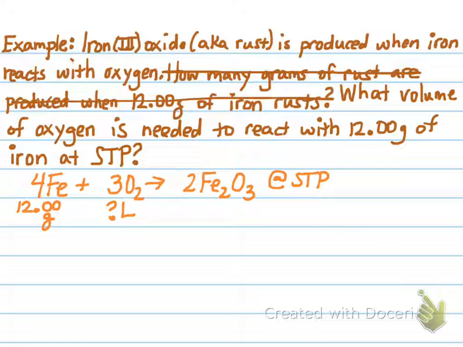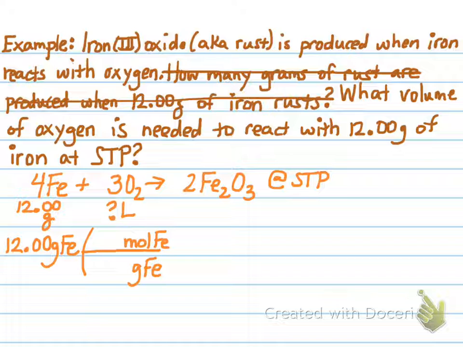So, again, I'm going to start with my given. So I'm going to start with my 12 grams of iron. And I'm going from one substance to another, iron to oxygen, so I know I have to get to moles. So I'm looking at my toolkit and I'm wondering, do I have a unit or a tool that has grams in it and moles in it?